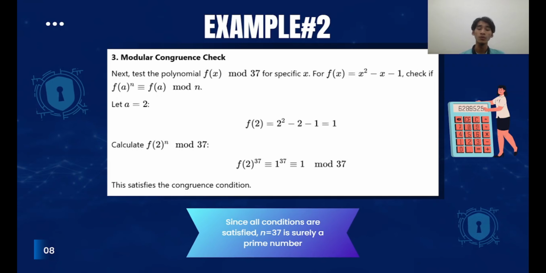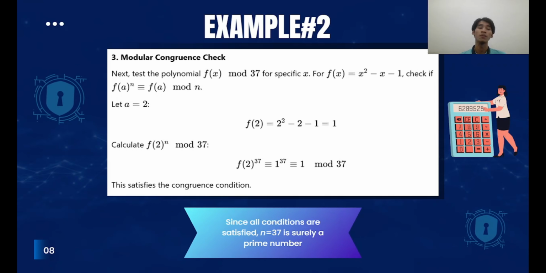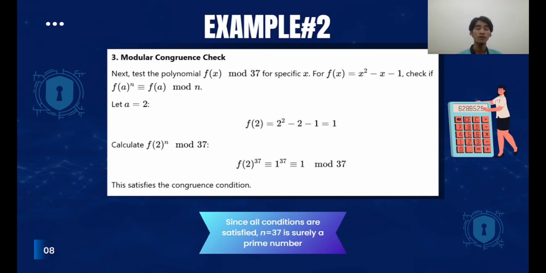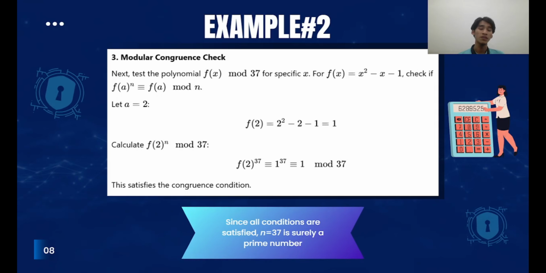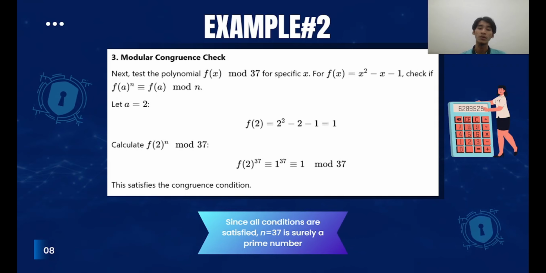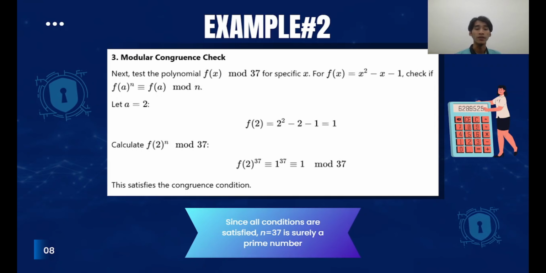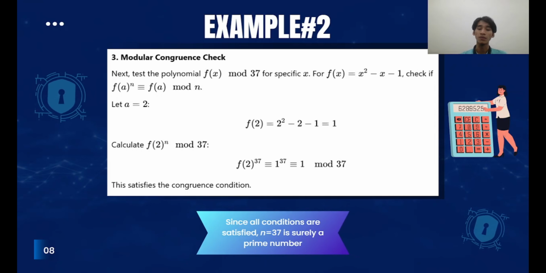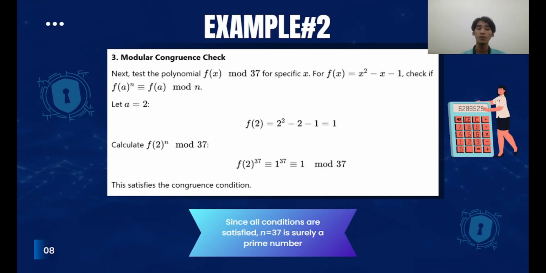Let a equal to 2, f(2) equal to 2 squared minus 2 minus 1 equal to 1. Calculate f(2) to the power of n modulo 37. f(2) to the power of 37 equal to 1 to the power of 37 equal to 1 modulo 37. This satisfies the congruence condition. Since all conditions are satisfied, n equal to 37 is surely a prime number.